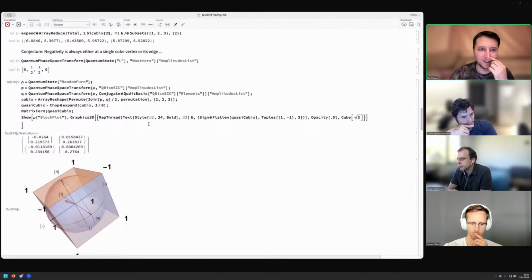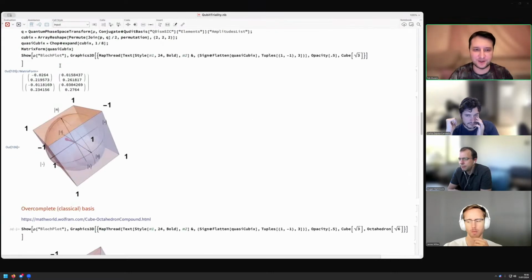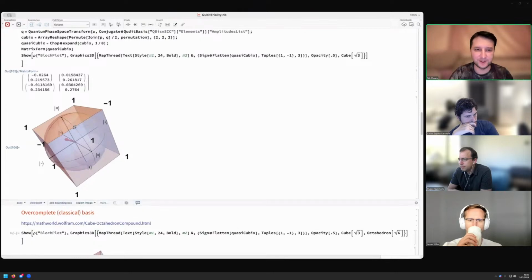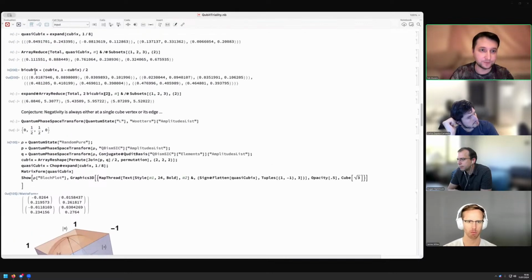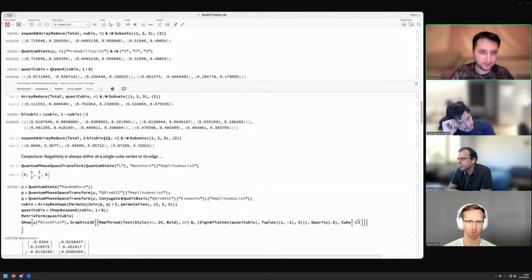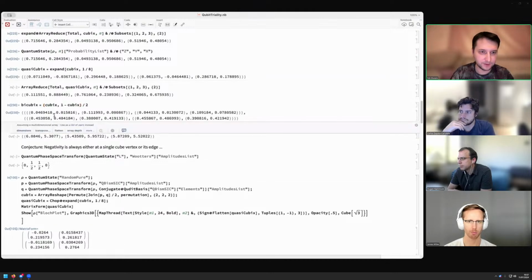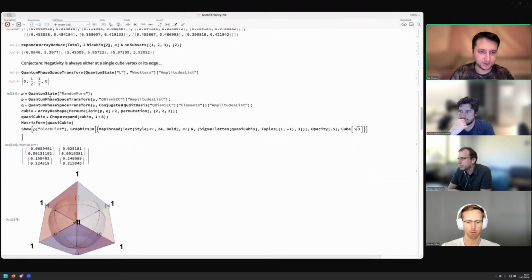I have a little conjecture about it, which I don't know what to think about yet. If you pre-expand the Cubix, which is what I mean by reducing the basis, so that you make your fully enveloping cube of the Bloch sphere into this one, this is like everything put together.